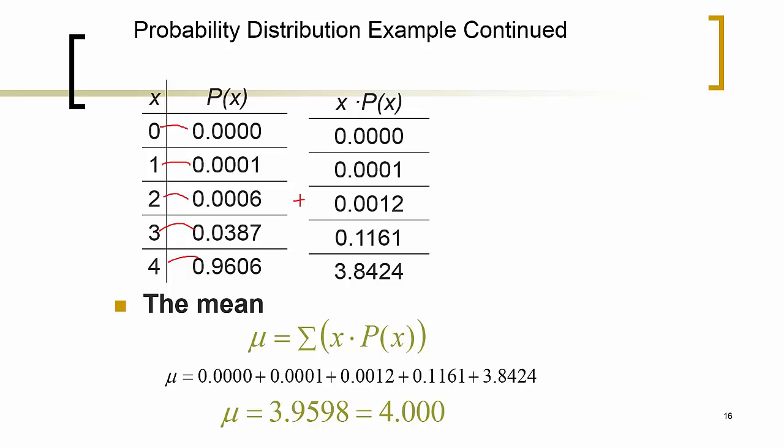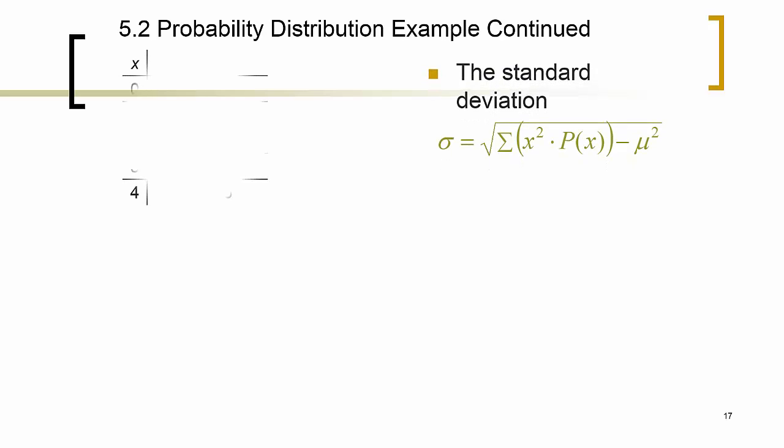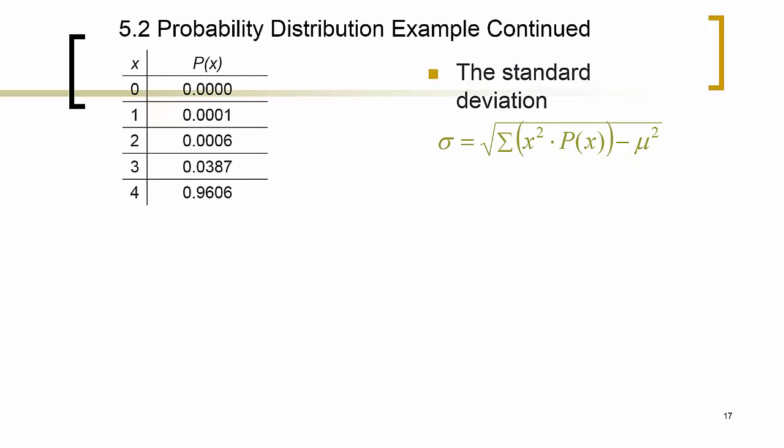When you check your answers, we usually round that up to 4, but when you do the standard deviation formula, you want to use this original mean, the one that's not rounded up. The standard deviation, sigma, is the square root of the sum of x squared times p of x minus the square of the mean.